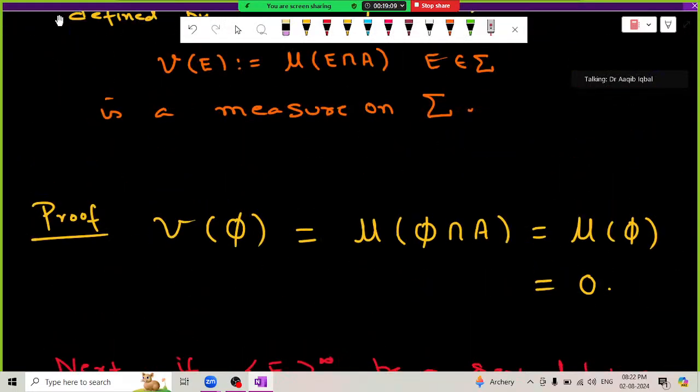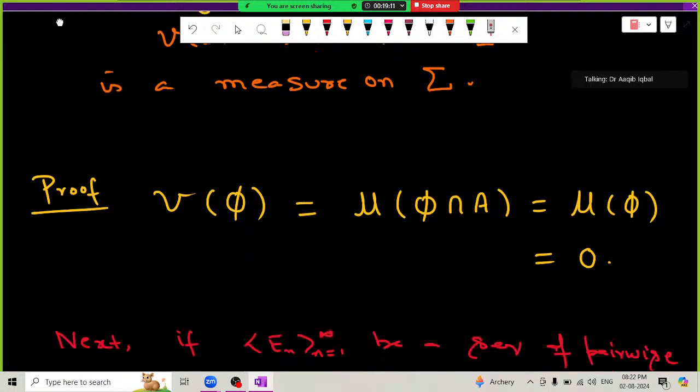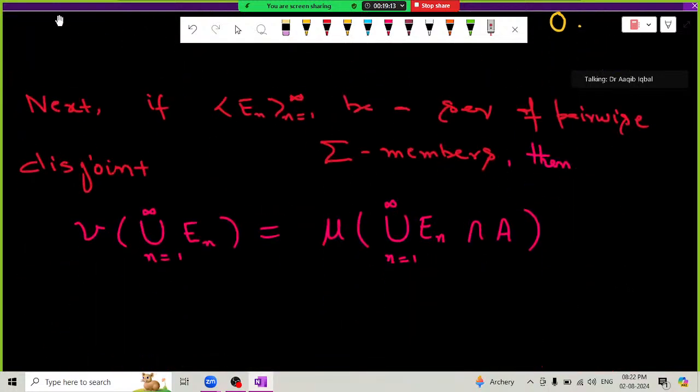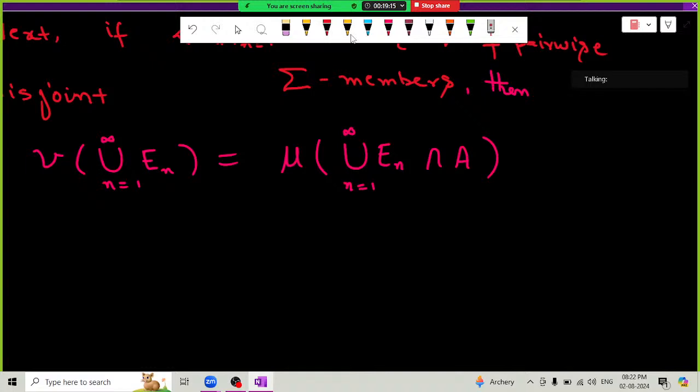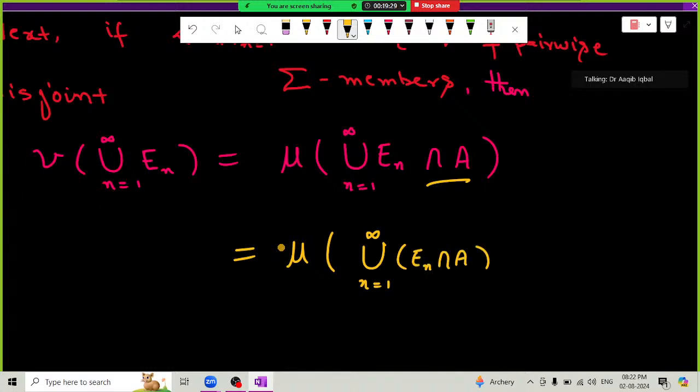Nu of E is mu of E intersected with A, here in place of E we have this union. Now what is this? This is mu of, I can distribute this intersection over the union and I'll get the union n running from 1 to infinity, En intersected with A.